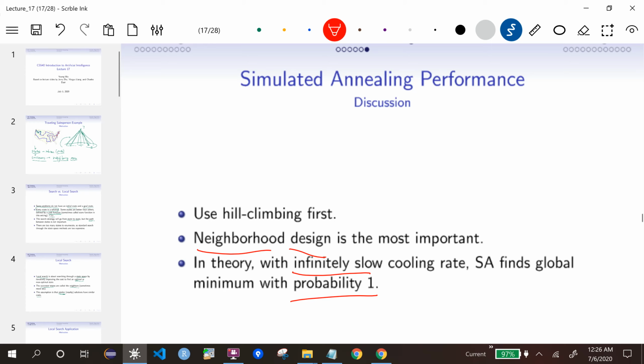Again, this is theoretical. What I mean by probability 1 is it may take an almost infinite number of steps, which is not feasible. So that's why, in practice, we never use this. We just use hill climbing.